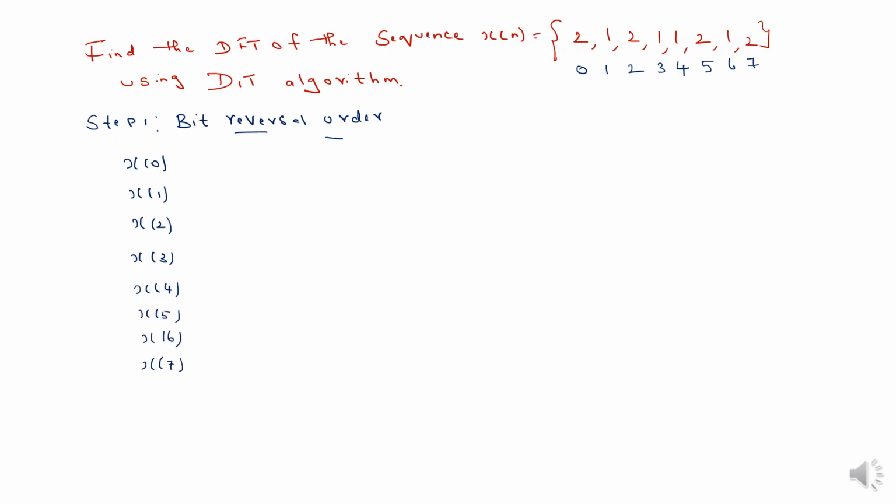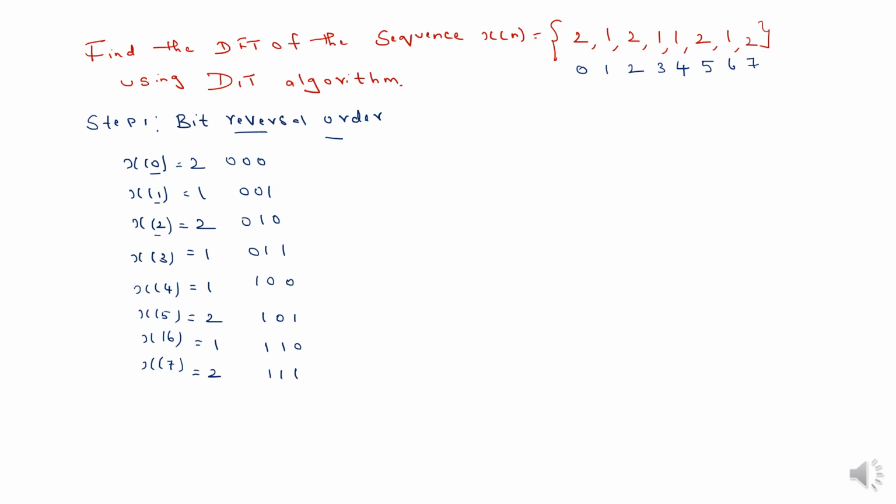So its values are 2, 1, 2, 1, 1, 2, 1 and 2. The bit equivalent for 0 is 0, 0, 0. Bit equivalent for 1 is 0, 0, 1. Similarly for 2 it is 0, 1, 0, for 3 it is 0, 1, 1, for 4 it is 1, 0, 0, for 5 it is 1, 0, 1, for 6 it is 1, 1, 0 and for 7 it is 1, 1, 1 respectively.